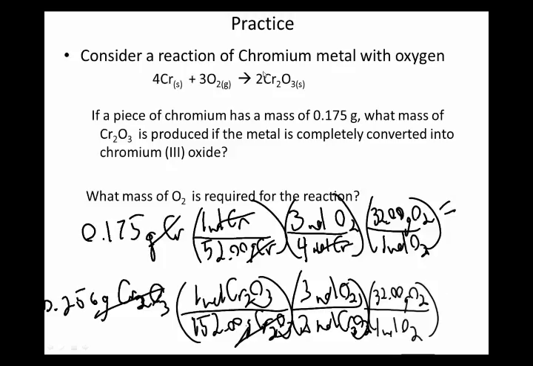So the first one, I get 0.0808 grams of O2. And we should, if I did everything right, get the same answer or something really close for the bottom, and I get 0.0808 grams O2.